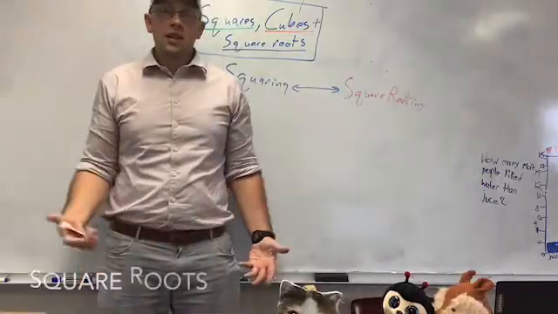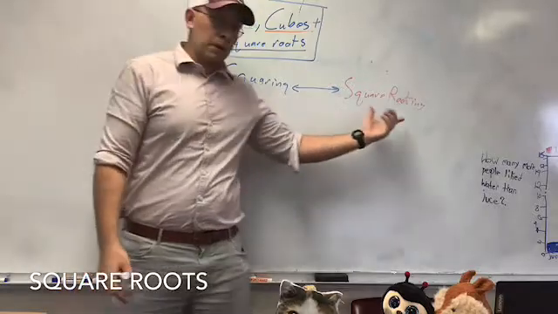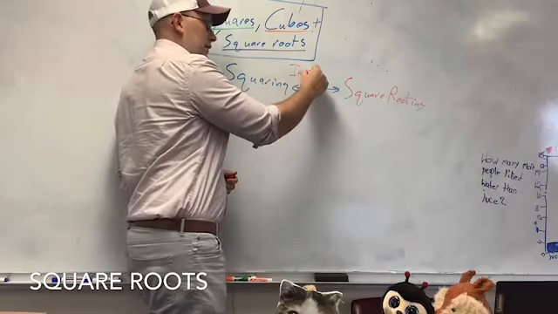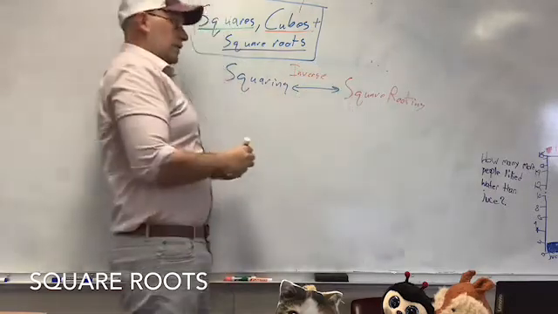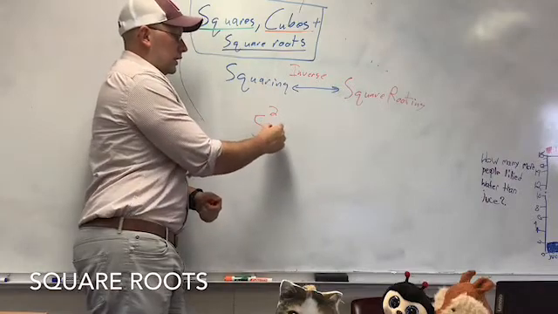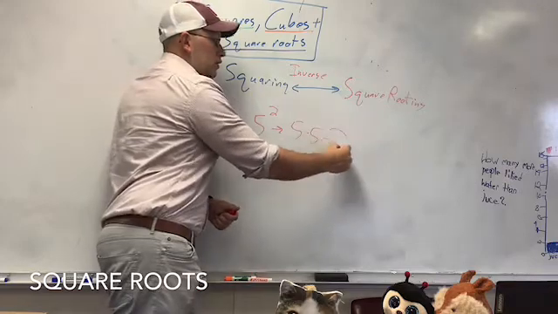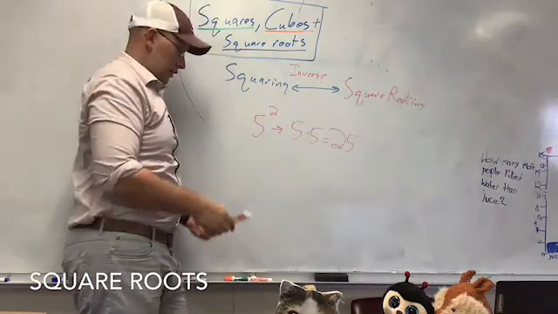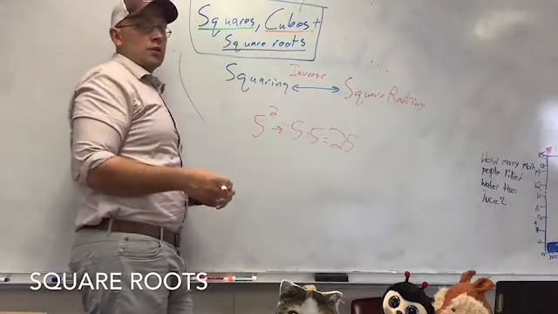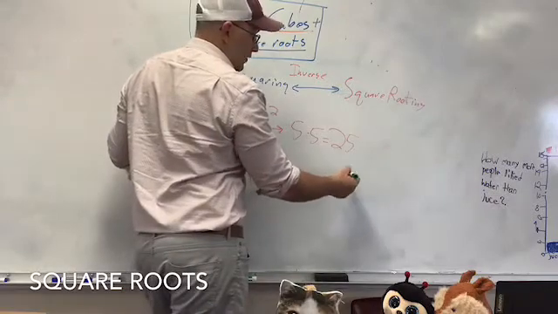Just like addition has subtraction and multiplication has division, squaring has square rooting. They are called inverse operations. So if I square the number 5, that gives me 5 times 5, which is 25. Now, if I want to square root a number, take 25.